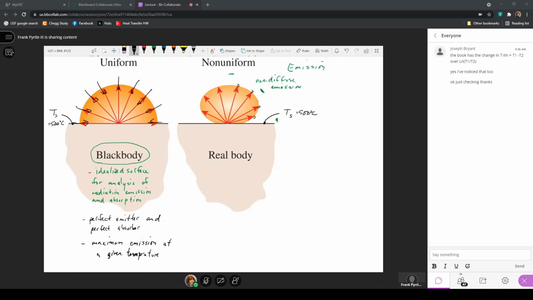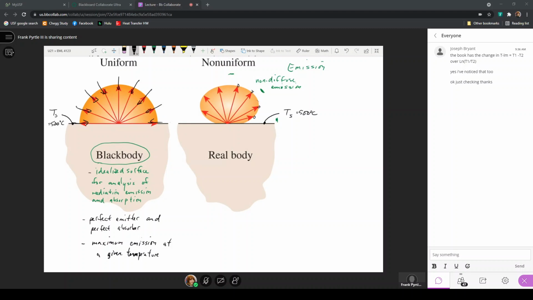And it absorbs all of it. So the consequence of it being a perfect absorber is that no light can reflect off of a black body surface. Reflection is that amount of energy that comes to the surface and is reflected off of it. Well, a black body surface, being a perfect absorber, doesn't allow for any reflection to occur.